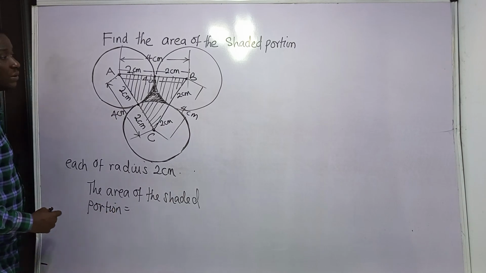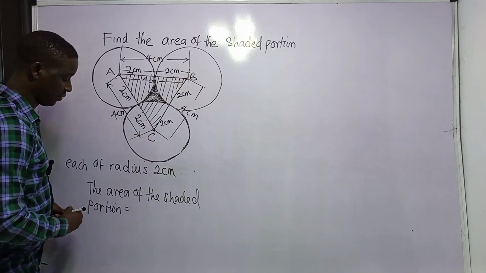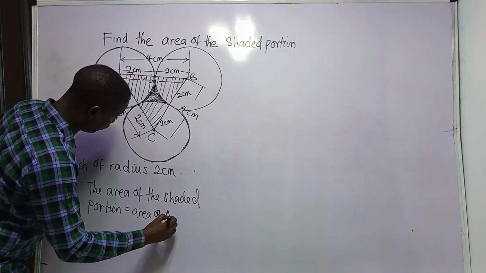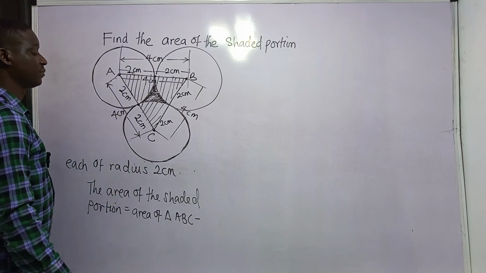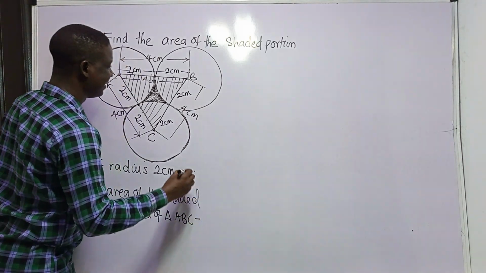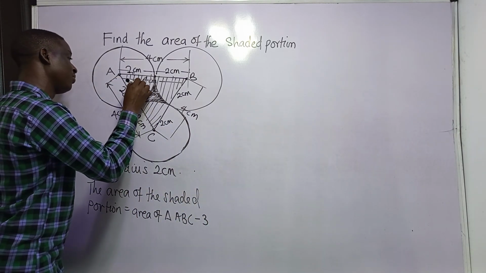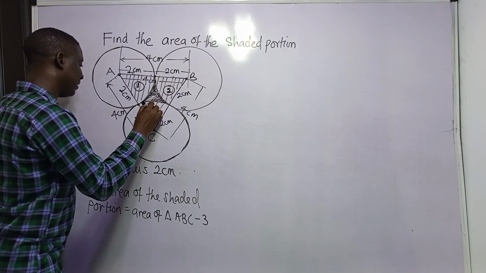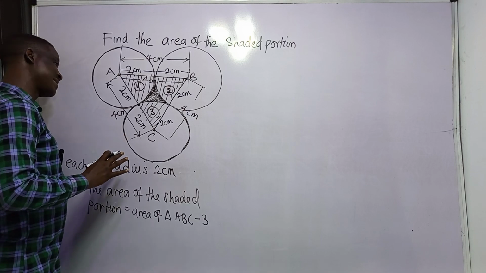will be equal to the area of triangle ABC minus 3 times the area of a sector. These three are the same sector.